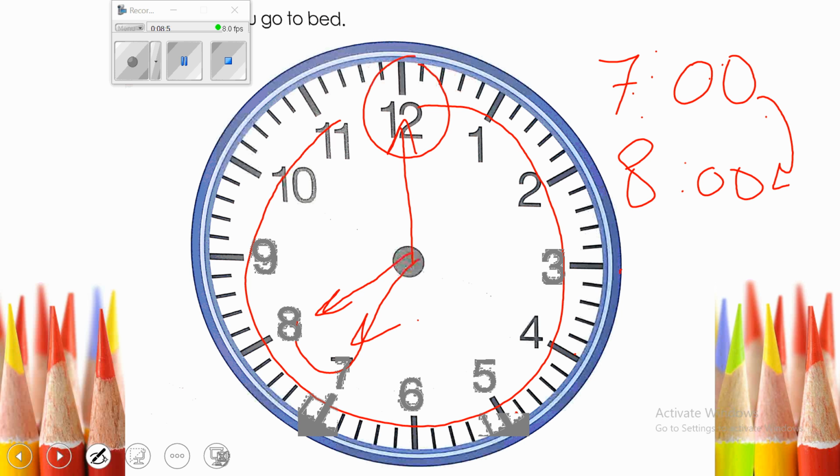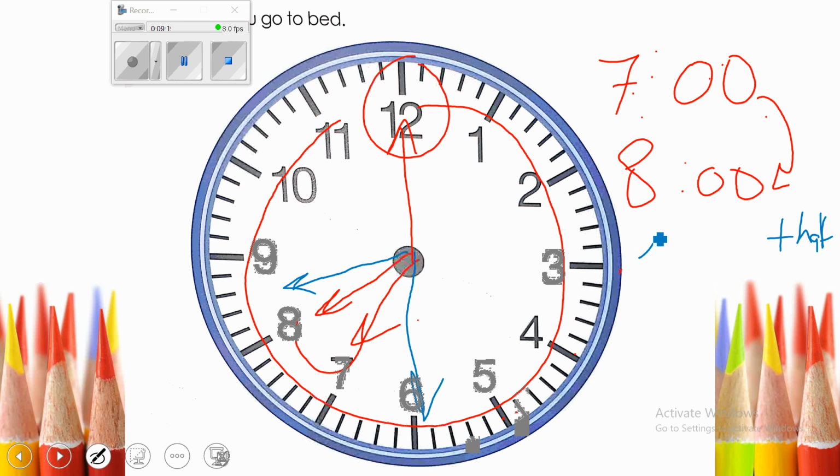Let's change the color now. I want plus half. That means 30 minutes. After 30 minutes, I'm moving the minute hand to 6 and the hour hand is moving between 8 and 9.